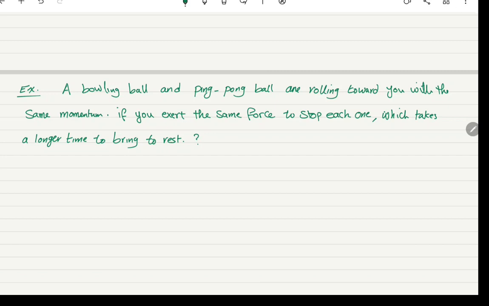Now, since both balls have the same momentum and you exert the same force, F average equals delta P over delta T. So delta P equals F net or average times delta T. Same momentum and same force means both will take the same amount of time to stop them.